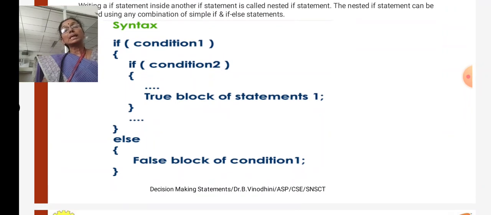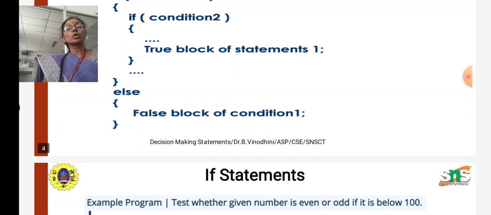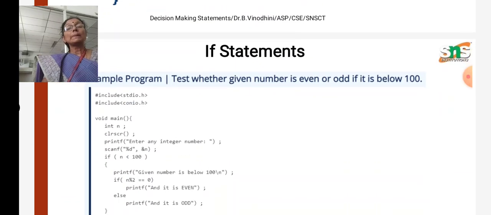Now the syntax is clearly explained by the following program. The program tests whether the given number is even or odd if it is below 100. First we have to get the number and check whether that number is below 100 or not. That is the first condition.